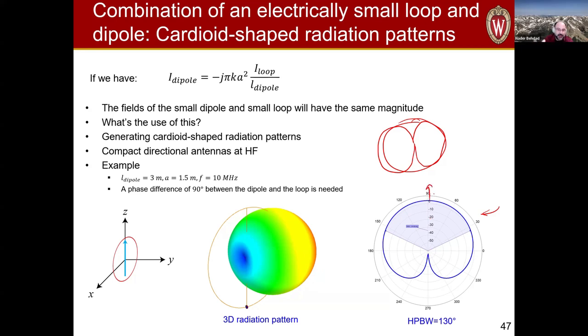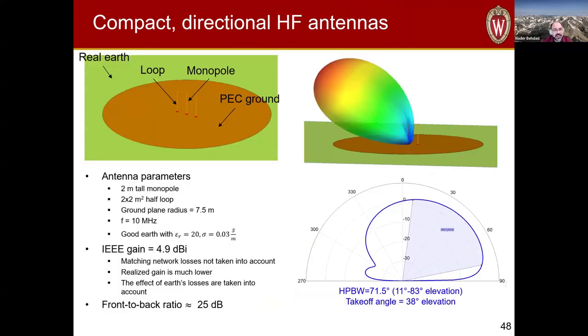So you're directing your radiation towards one direction and suppressing the radiation from a good portion of the back side. So this is not going to be a very directional antenna, but, as far as electrically small antennas are concerned, you can make it unidirectional with this cardioid shape radiation pattern.